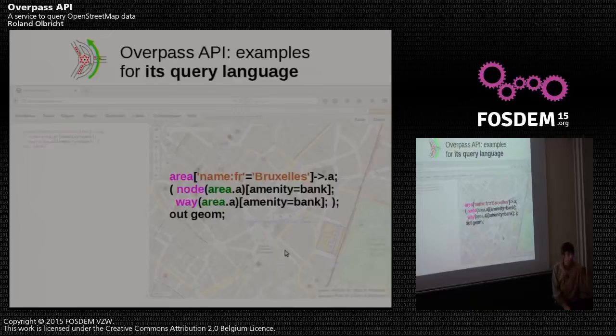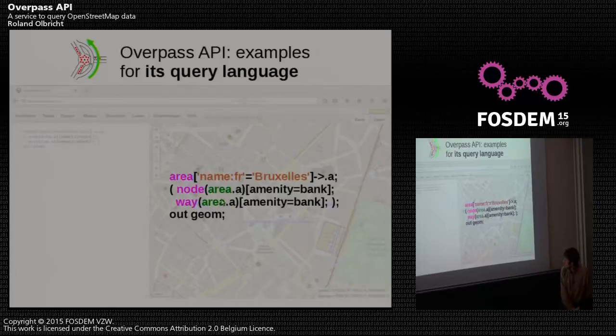Areas are in fact represented as either ways or relations that have multiple ways as members, which is also a thing with a 10-year backward perspective. One would say it wasn't the most wise decision, but on a hands-on project you have these things. And so a bank could be a node or a way.